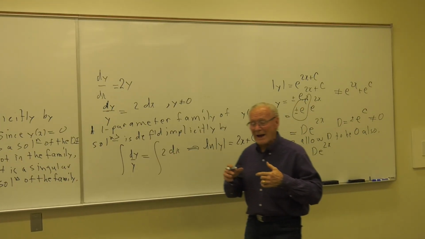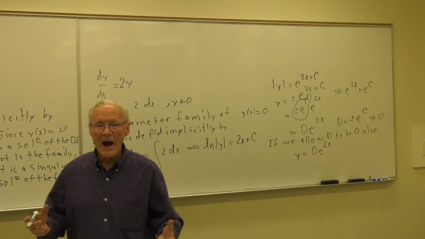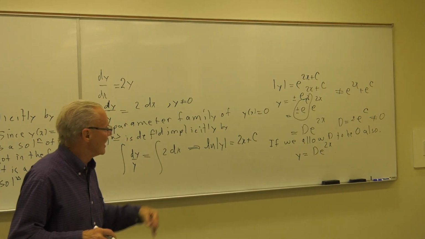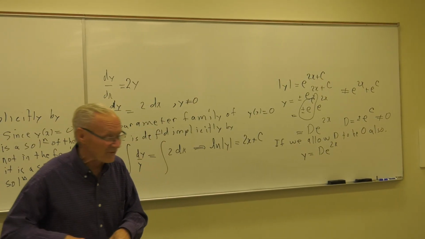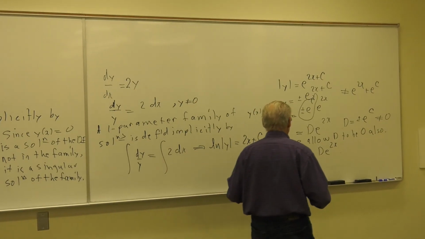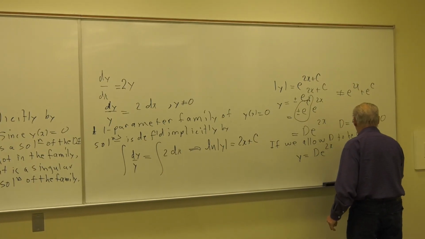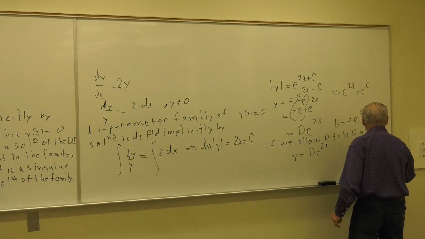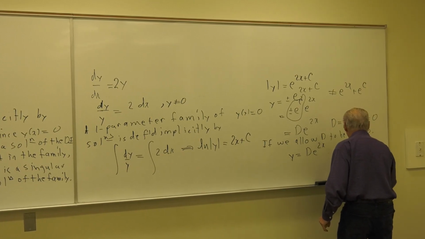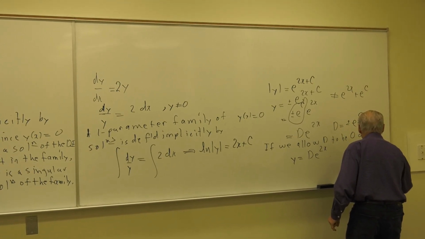So by allowing d equal to 0, I now capture that solution in my family, and he's no longer singular. So y of x equal to 0 is no longer singular.